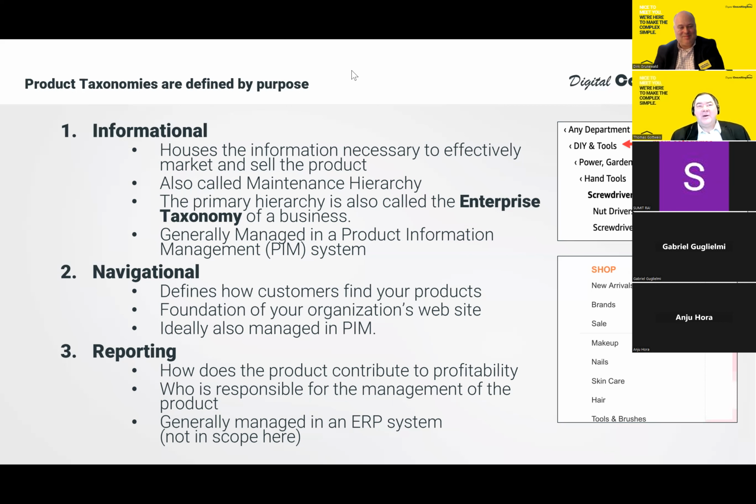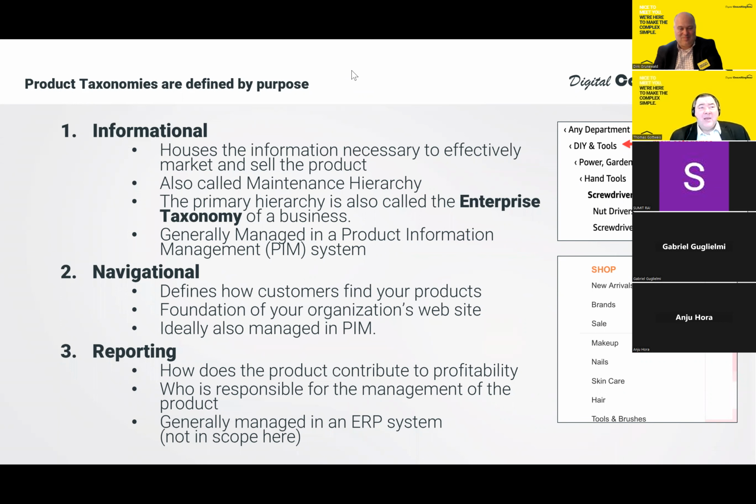It determines how your customers are going to navigate through the various different pages on your website, and how the customers search for a particular item on your website, either by navigation or by doing a search based on keywords. And so there really is some interplay, because generally those keywords would be a particular attribute of a particular category in your informational taxonomy, and that would inform how you build your navigational taxonomy.